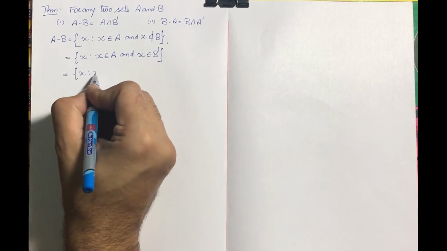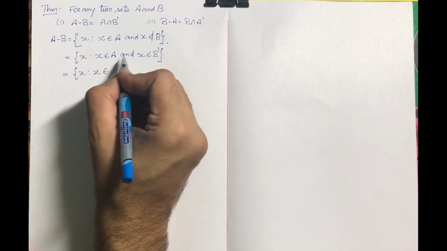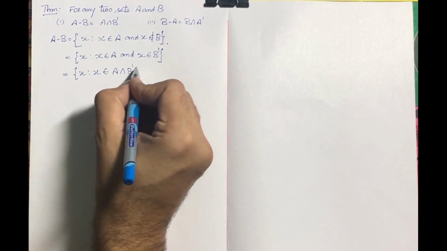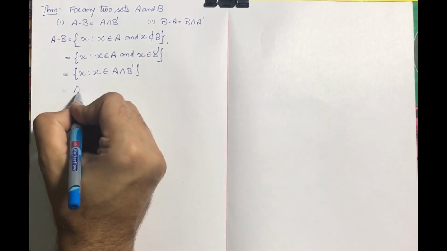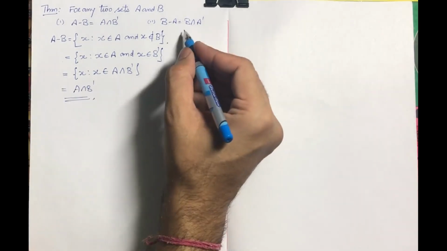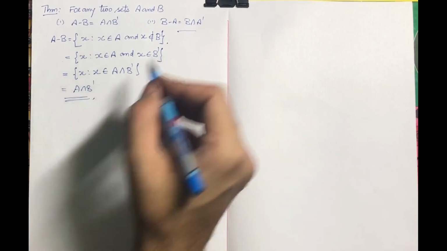That means x belongs to A and x belongs to B complement, so it belongs to the intersection of both, that is A intersection B complement, hence proved. So similarly, the second part can be proved.